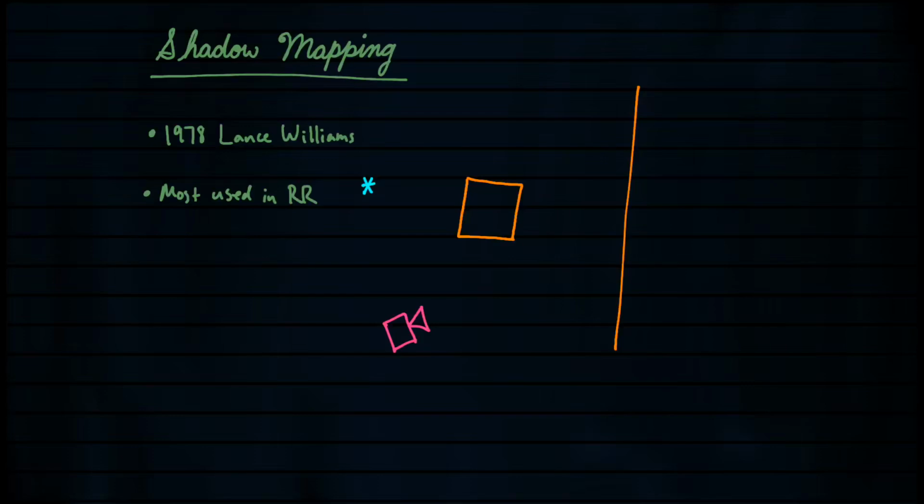Just as the shadow volume was a multi-pass method, the shadow mapping algorithm also has several passes, and the first pass is to render the shadow map. A shadow map is essentially nothing more than a Z buffer rendered from the viewpoint of the light.